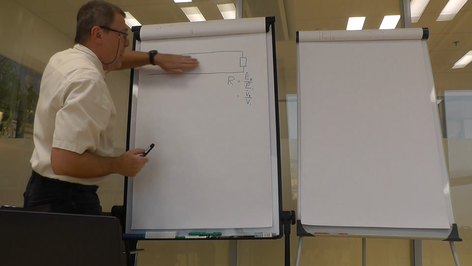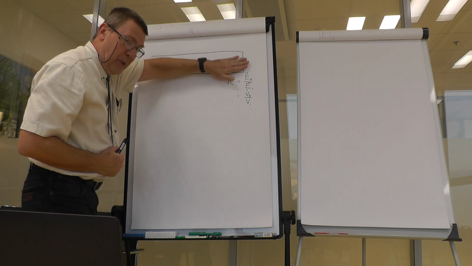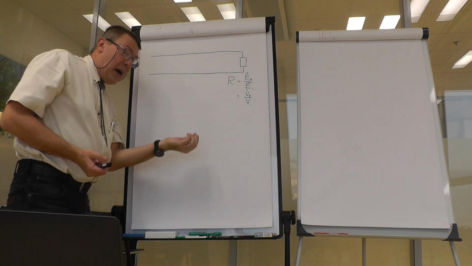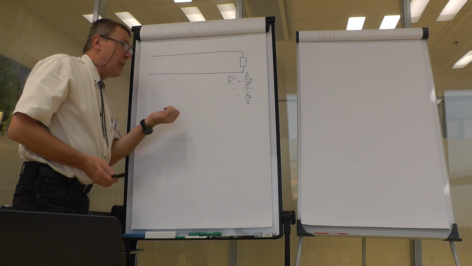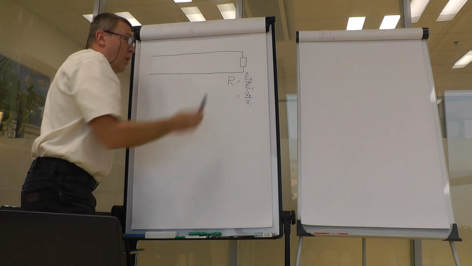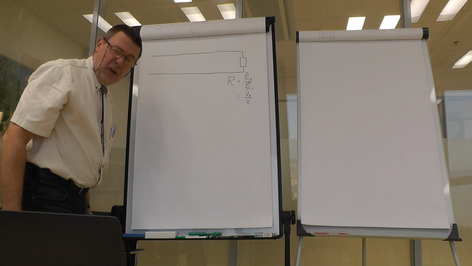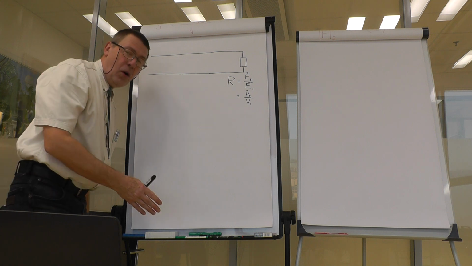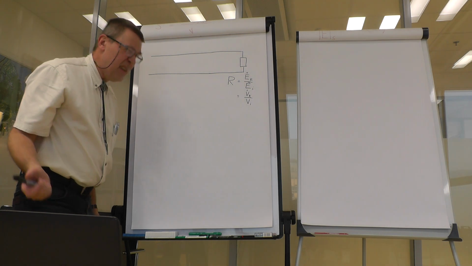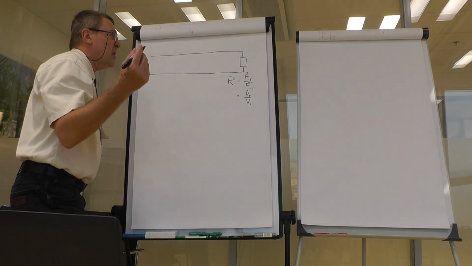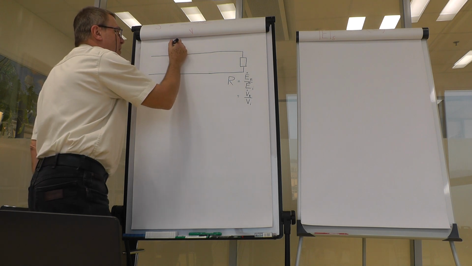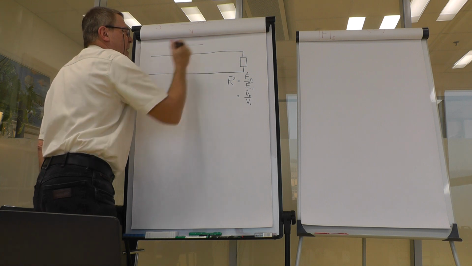There is an incoming wave that encounters the impedance at the end of the line and it might reflect back. It might reflect totally, which means that there is zero or infinite impedance, short or open end, or it might just reflect partially.